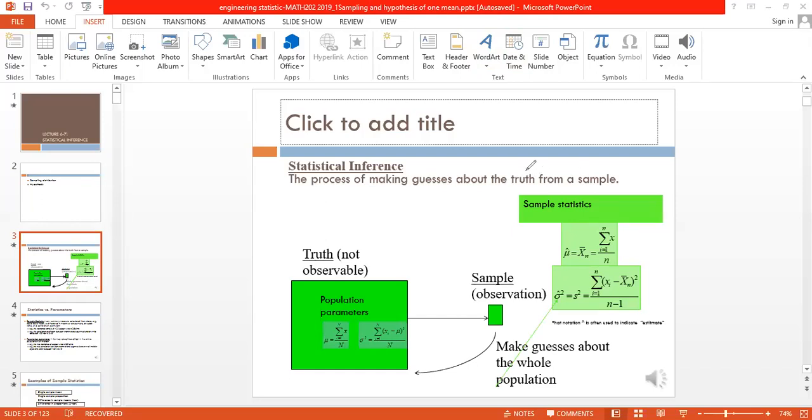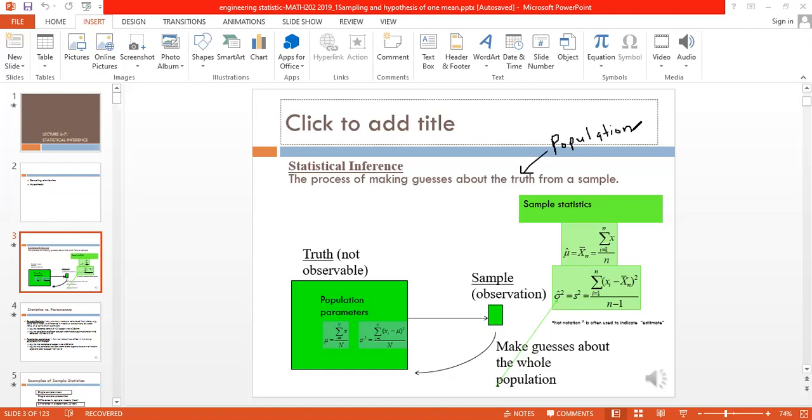And when you see me use truth here, truth is the actual occurrence in the world, the actual value in the population. So when we talk about truth, we are talking about a value, a population parameter, a value that describes an aspect of the population, like the population mean.